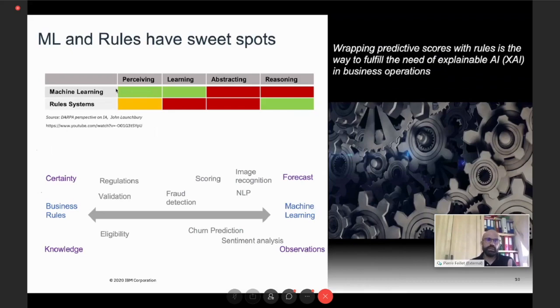On the other hand, if you want to implement a regulation, your business policy, your pricing, and so on, going directly to a deep neural network would be bizarre, especially if you expect transparency, explainability in your decision making. So there are good spots, and our point of view is that we should combine these different AI technologies together to automate decisions.